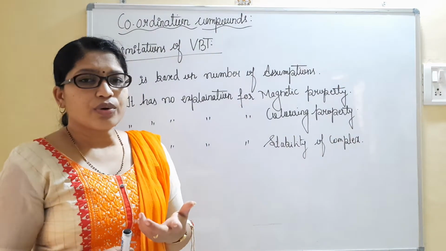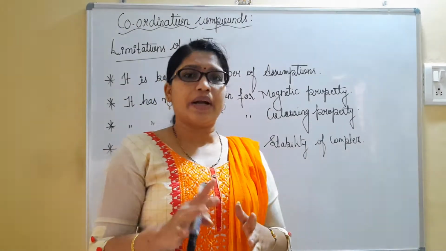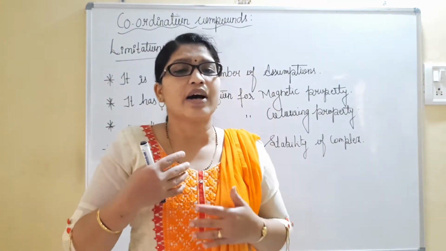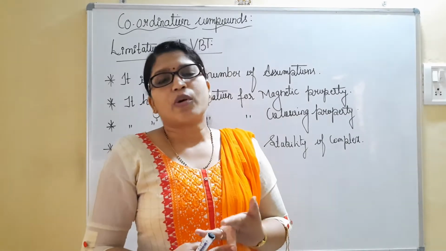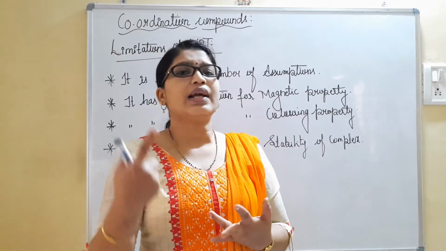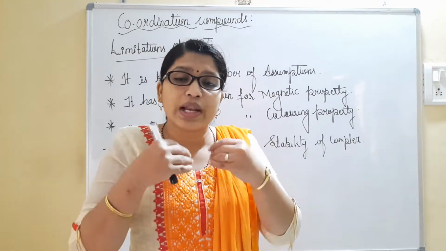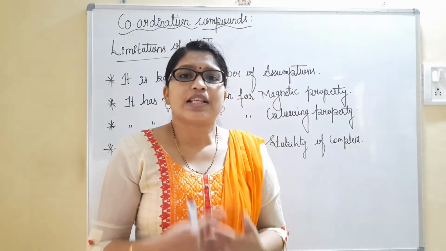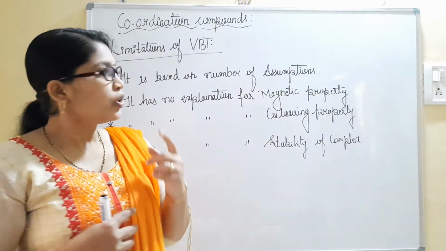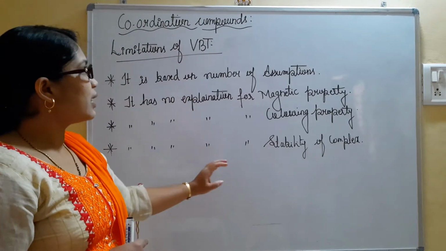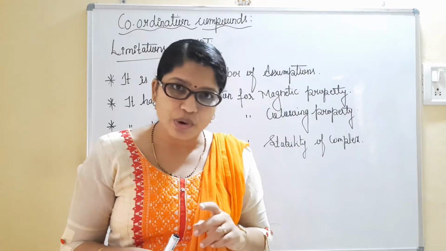As I already told you, magnetic property is completely dependent on the type of ligand approaching. We must know the ligand property, whether the approaching ligand is strong field or weak field. That must be known beforehand. That explanation was also not given by valence bond theory. So that is why all these are considered limitations or drawbacks of valence bond theory.